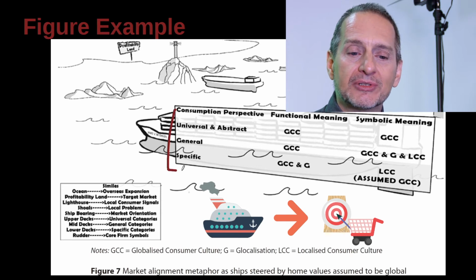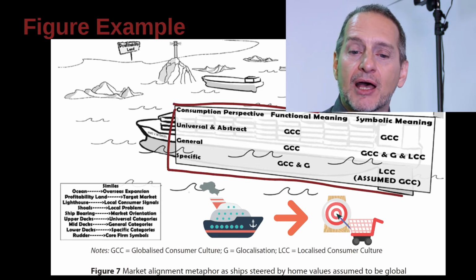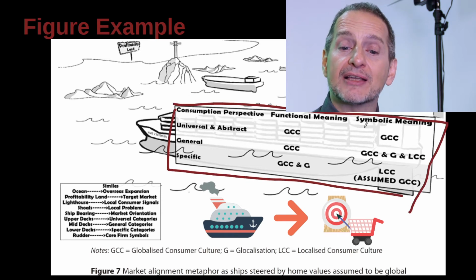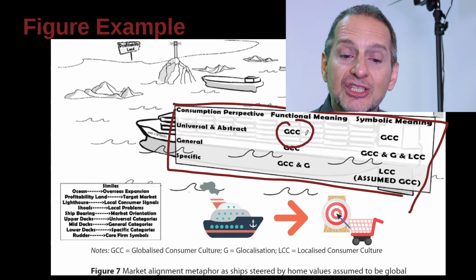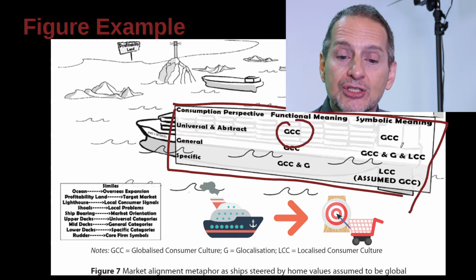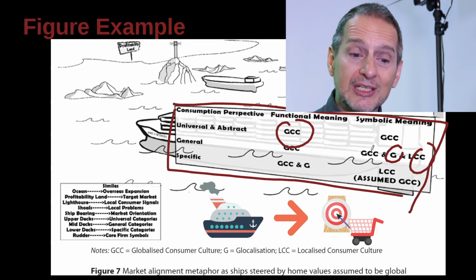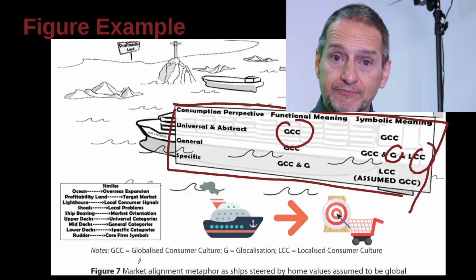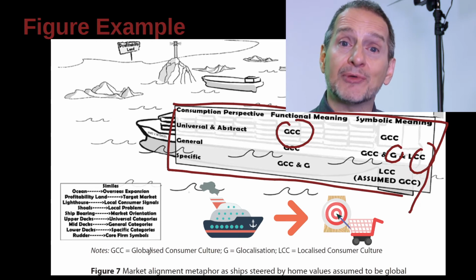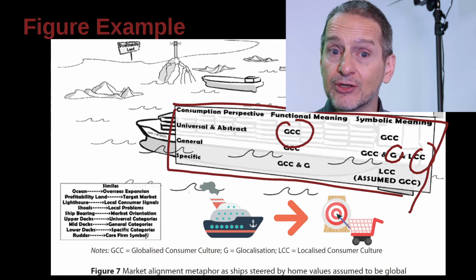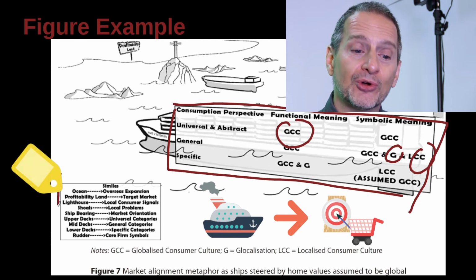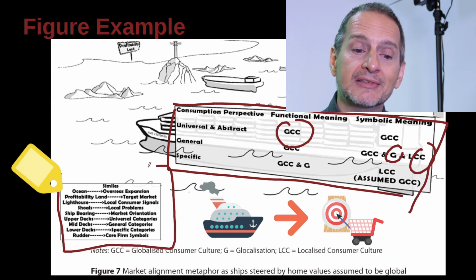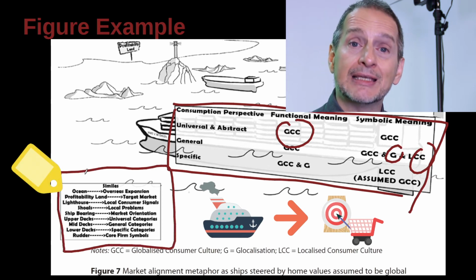And here is a little table that's inside my figure. And this table has some abbreviations like GCC and G and LCC. And what do these mean? Well, we could put them down in a note, couldn't we? If we use a note in a table, that would be suitable. But you know what? In a figure, you can go ahead and put your notes actually right inside the figure if you want to make it easy to understand.